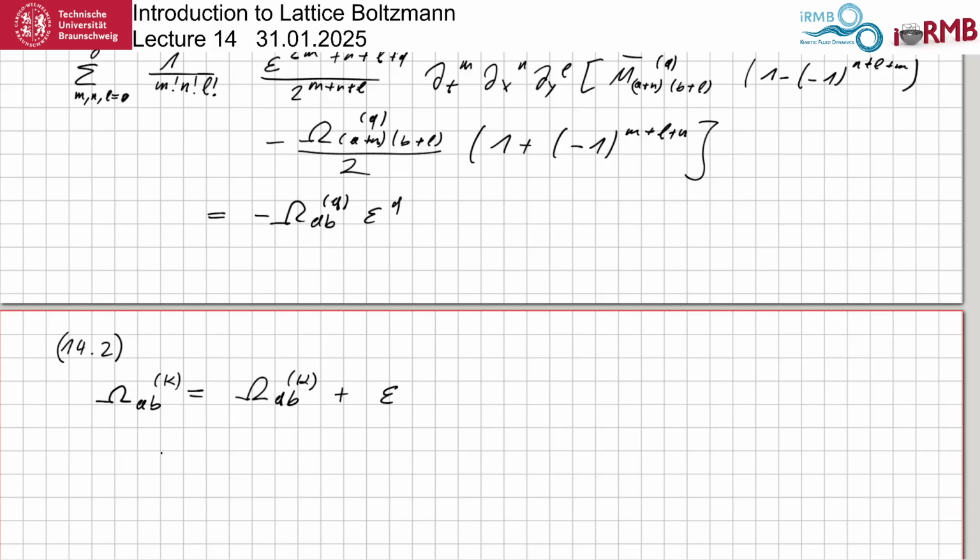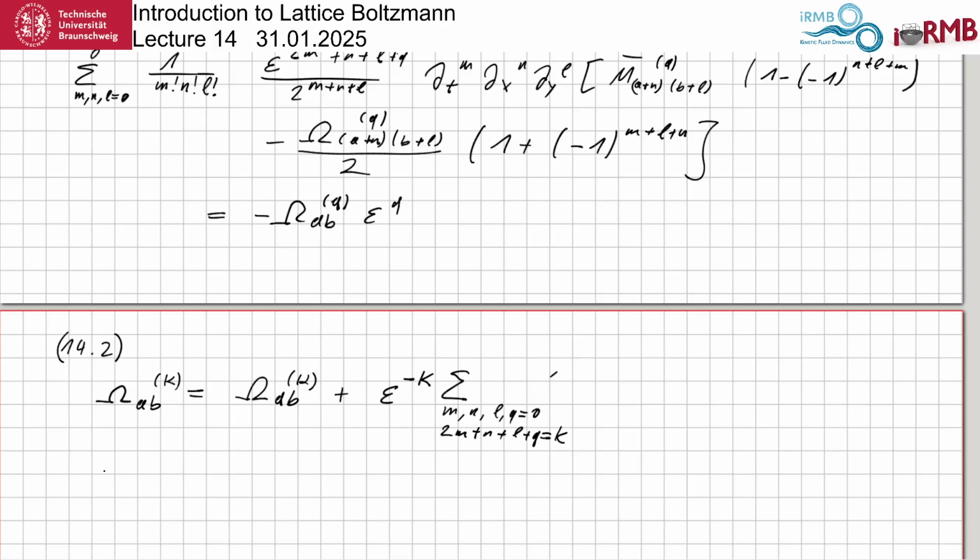What I'm going to do, and I have a mistake in my writings here, let's see. So I will multiply this by epsilon to the power of minus k. Yeah. And now comes the sum m n l q equal to 0, and now with the condition that 2m plus n plus l plus q is equal to this k.